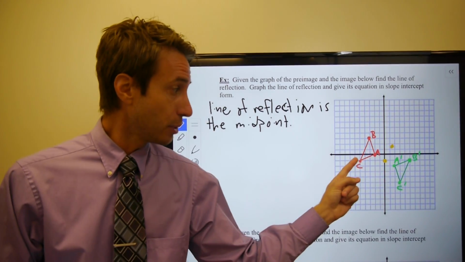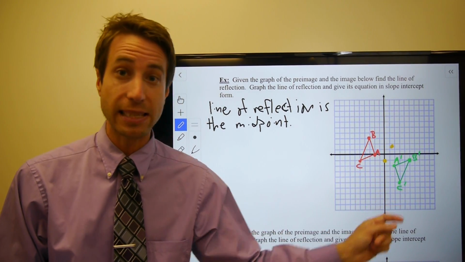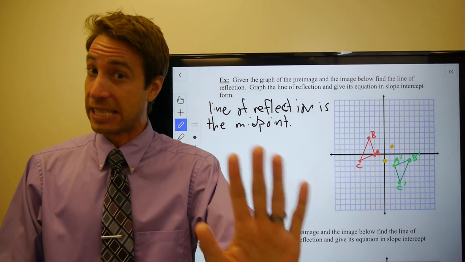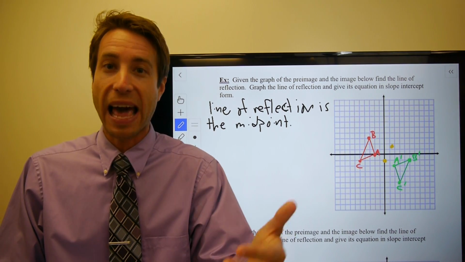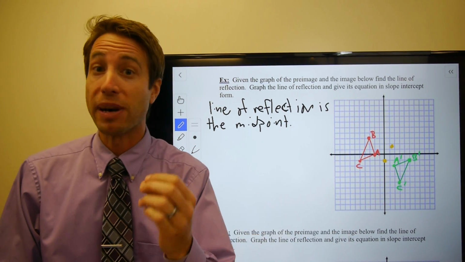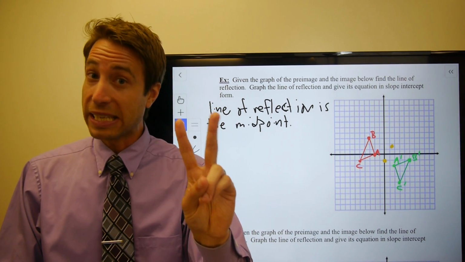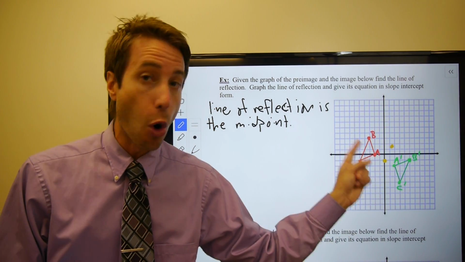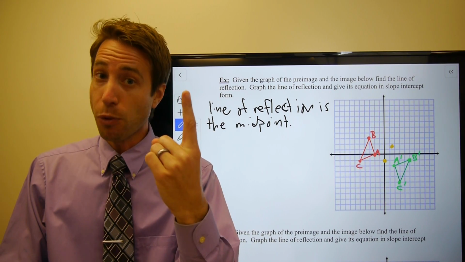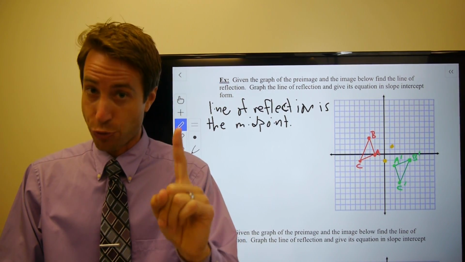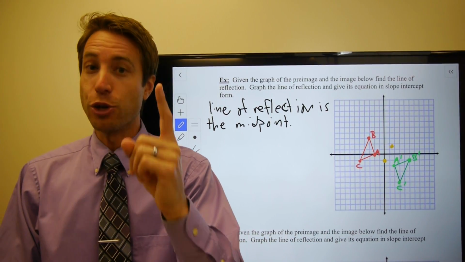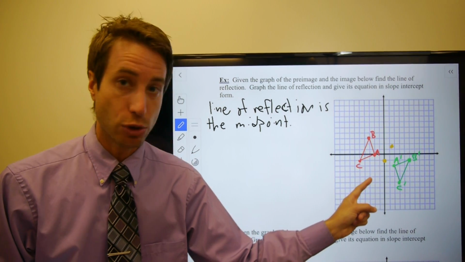I absolutely could find the midpoint between C and C prime, but it would only be additional evidence that I have indeed found the line of reflection. It's not necessary. I only need 2 points, so we're only going to do it for 2 of the vertices. I can't do it for 1 because there are several ways to draw a line through 1 point. We looked at that back in chapter 1, but there's only 1 unique line that goes through 2 points.